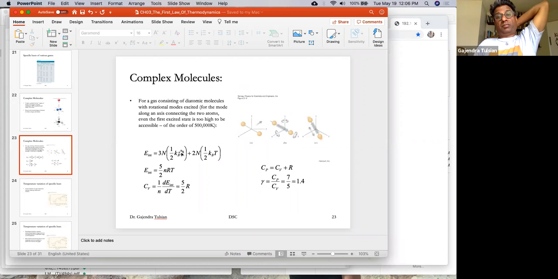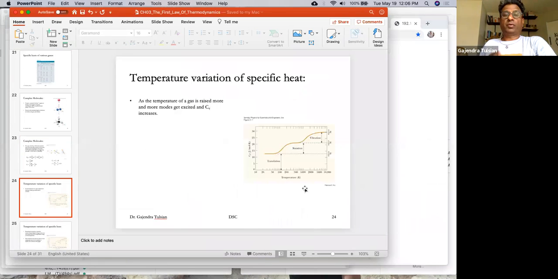All right, so for diatomic molecules, since that degree of freedom is not available, gamma is 1.4. Here is showing Cp and CV for hydrogen gas at various temperatures.